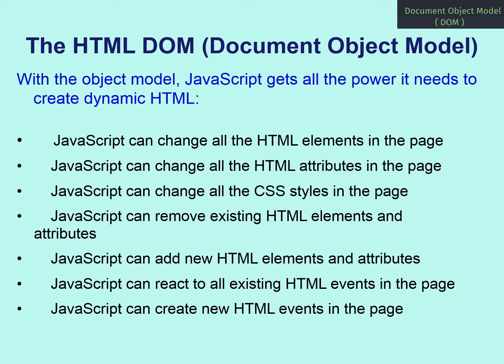The HTML DOM. With the object model, JavaScript gets all the power it needs to create dynamic HTML. Dynamic HTML means the contents of an HTML page change. So with the Document Object Model, JavaScript gets all the power it needs to create dynamic HTML.